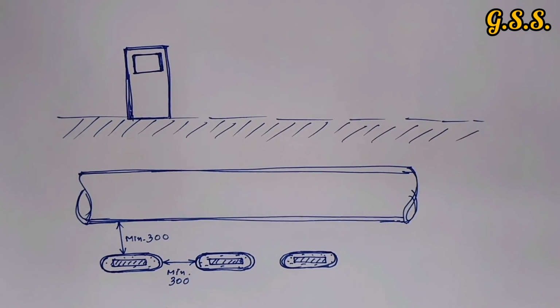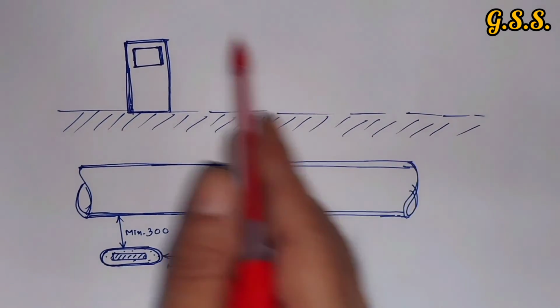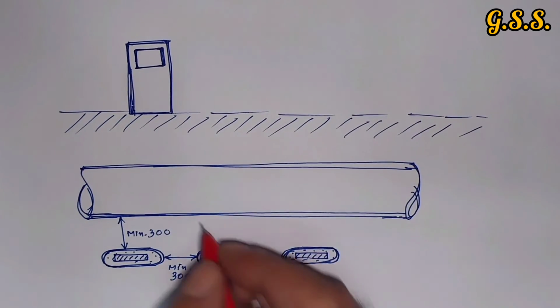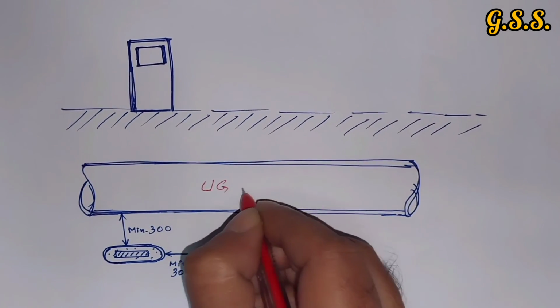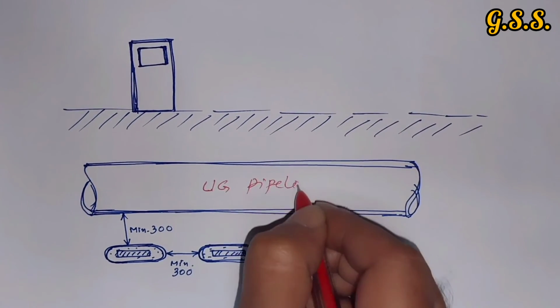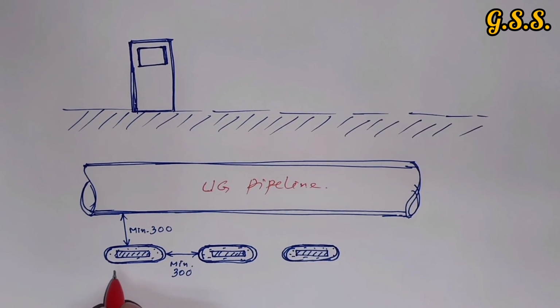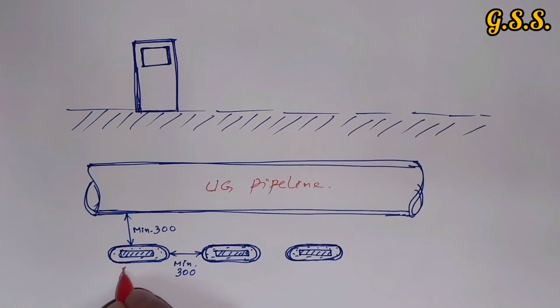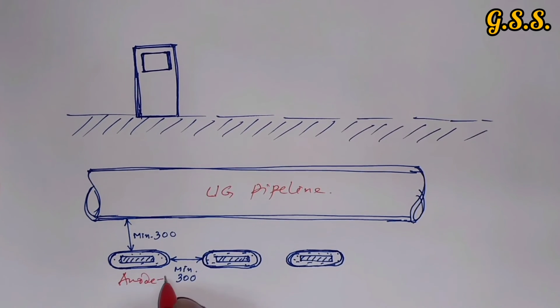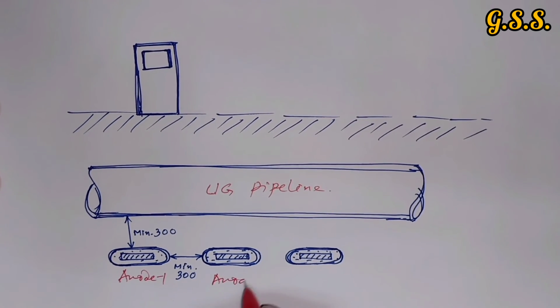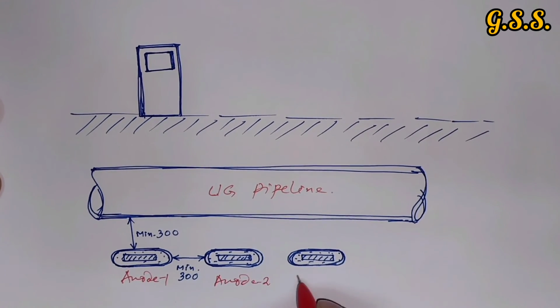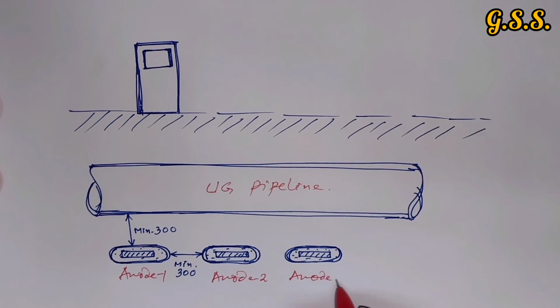Now this is the elevation view of the underground pipe. This is the UG pipeline with anode installation. This is anode 1, this is anode 2, this is anode 3.